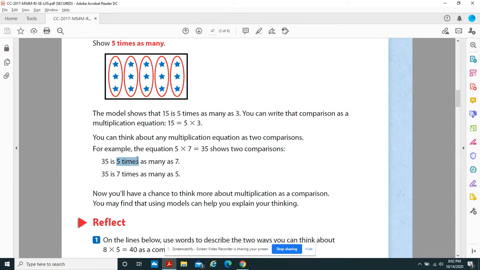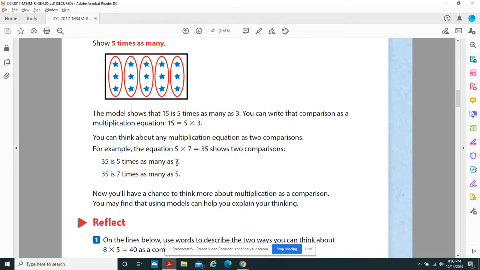When we have 5 times as many as 7, that is the same as 5 times 7 in our equation. So our comparison sentence for 5 times 7 equals 35 is 35 is 5 times as many as 7.